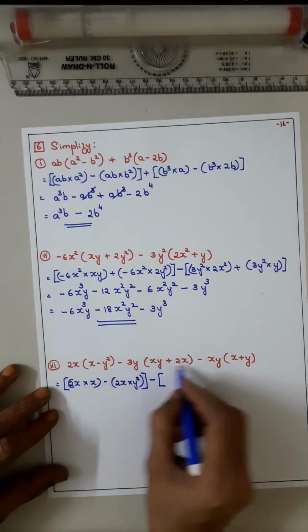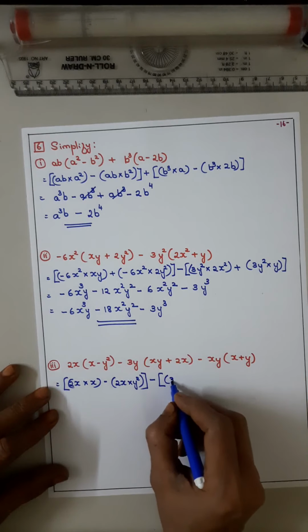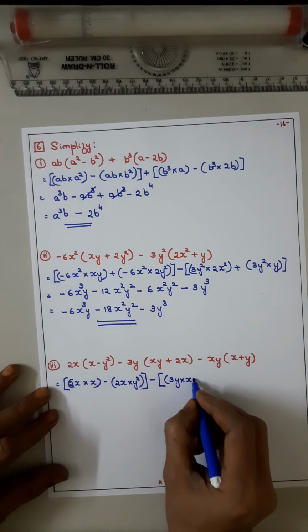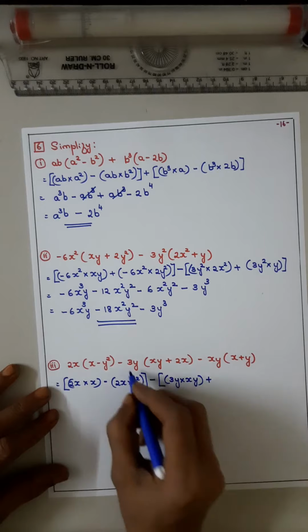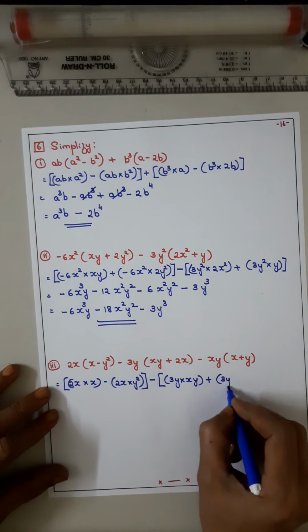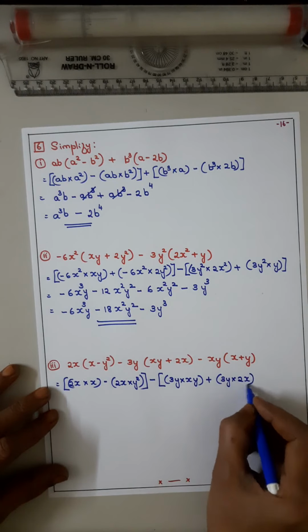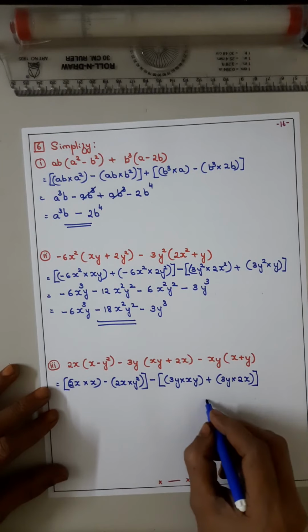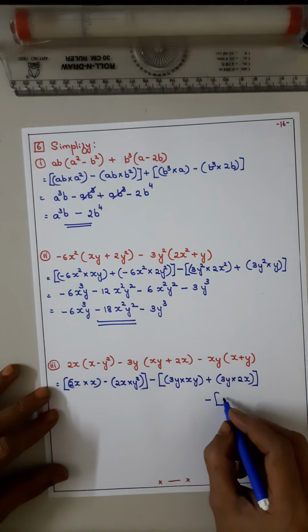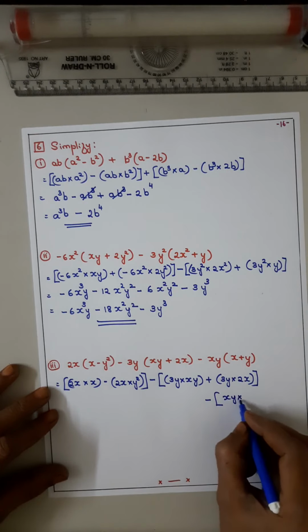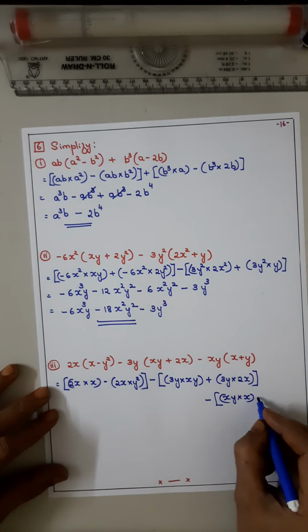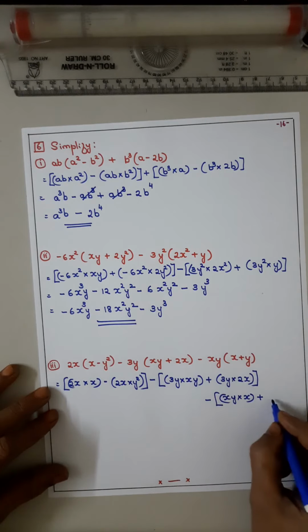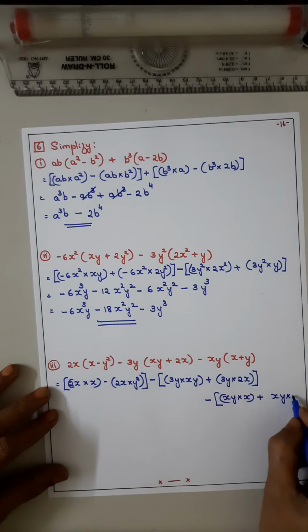Now minus, now you multiply this, that is 3y into xy plus here 3y into 2x bracket close minus this is xy into x plus now xy into y.